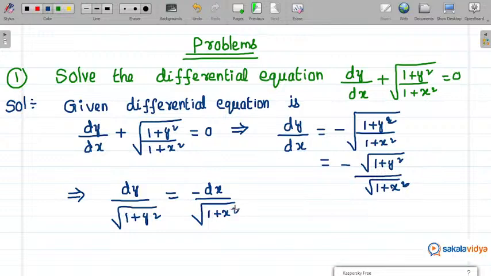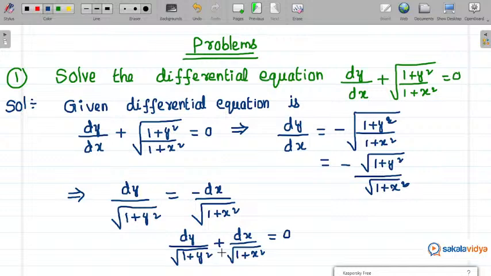Again, if you want, you can transpose the term on the right hand side to the left hand side. That means we now get dy by root of 1 plus y square plus dx upon root of 1 plus x square equal to 0. Now this is nothing but which form?